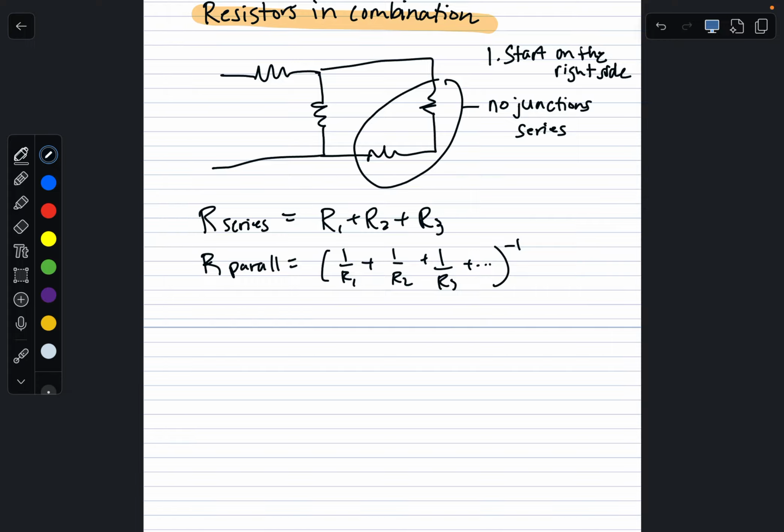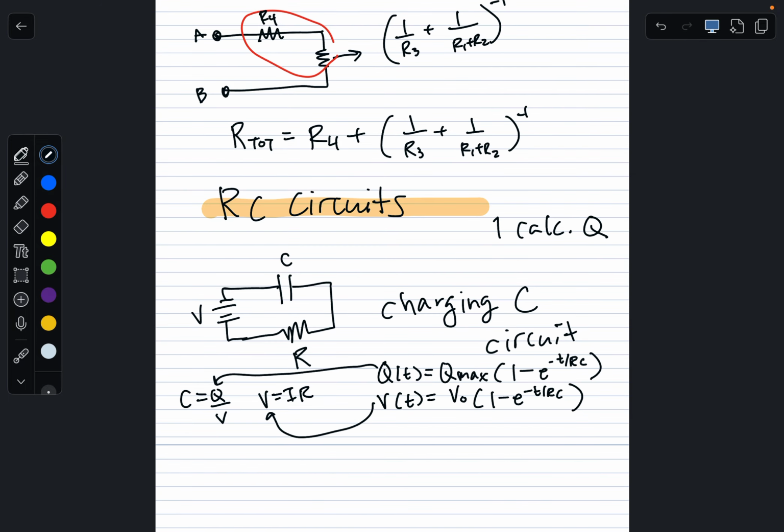You would use your V equation and then divide by R to get I. So Q would help you find either the capacitance or the voltage as a function of time, and then the voltage equation would help you find the current through the resistor. I think in the formula sheet I gave you all the formulae, I didn't just give you Q and V. So you'll have all those still.